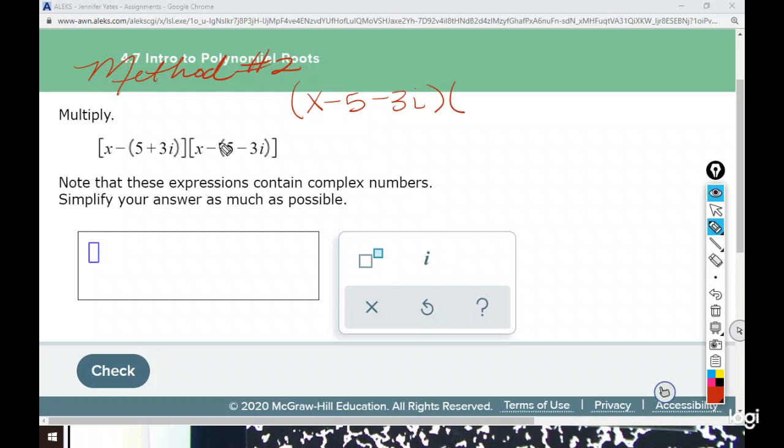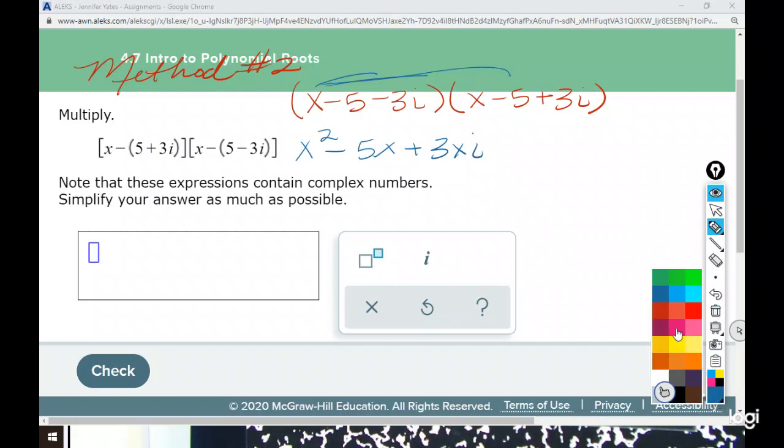And we're going to do the same thing here. x minus 5 plus 3i. Setting it up this way, I have a triple distribute problem. I'm going to take the x and times over there. x times x. x times negative 5. And x times 3i. All right, that's done.